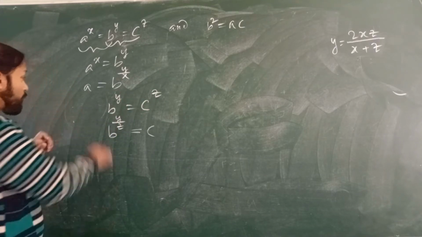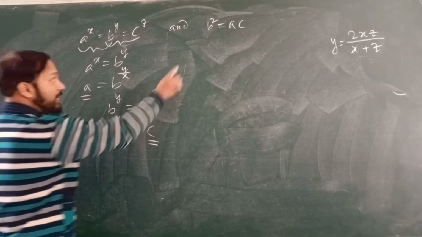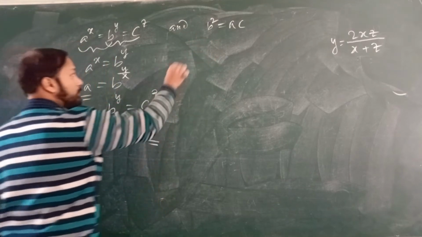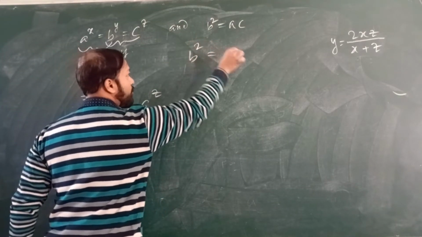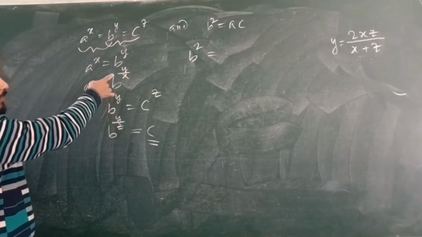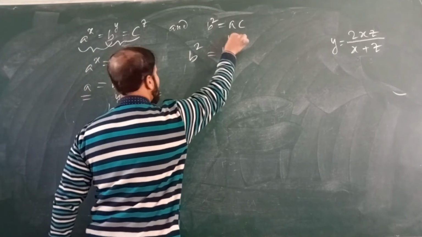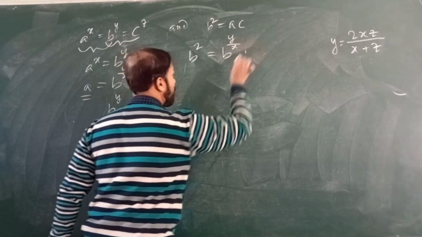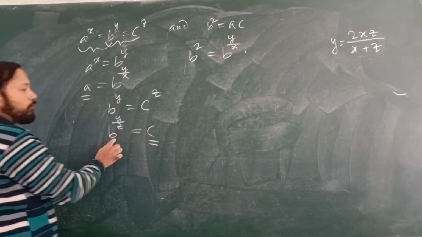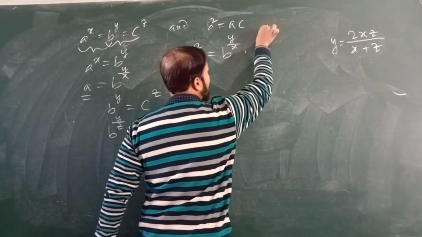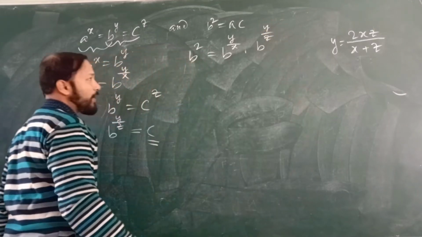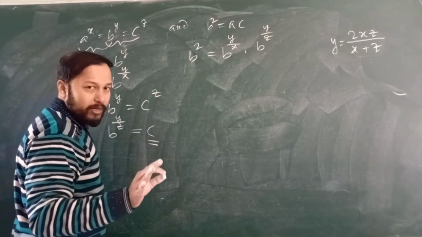Now let us put this a and c here. b square equal to a is what? a is b to the power y by x into c is b to the power y by z. Any doubt?